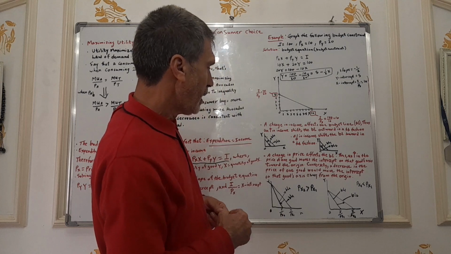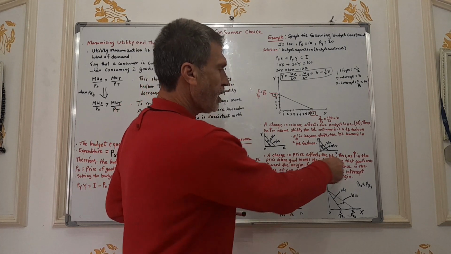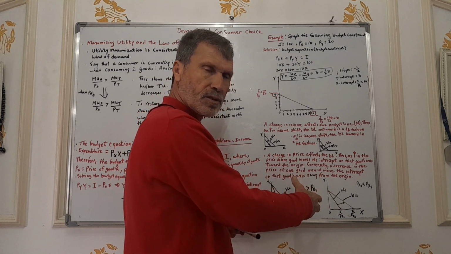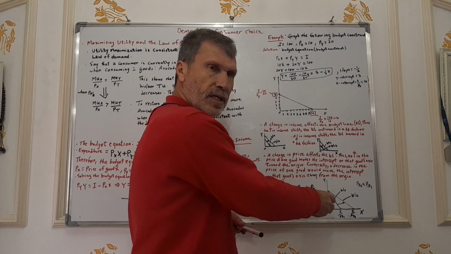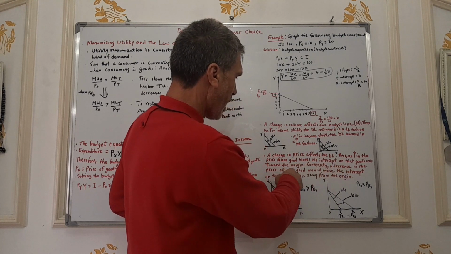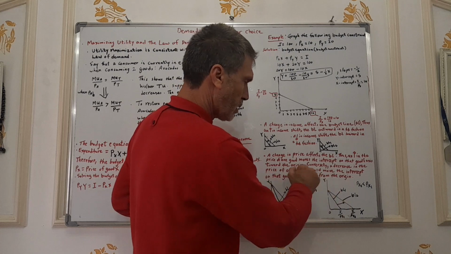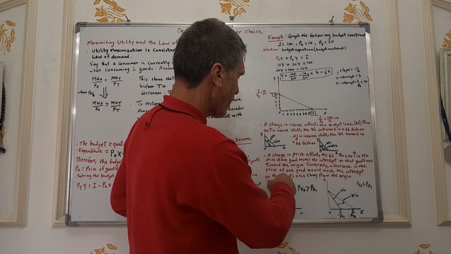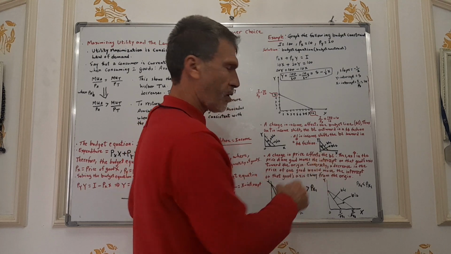Now, conversely, a decrease in the price of one good, we just gave the example of good X, would move the intercept on that good's axis away from the origin.